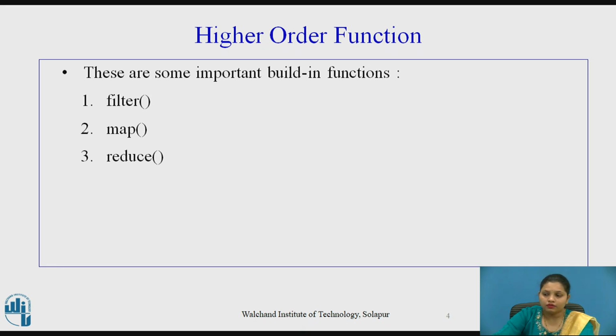It is useful when you want to combine the elements of an iterable into a single value. In short, the filter function filters elements, the map function transforms the values, and the reduce function aggregates values to produce a single output. In this video lecture, we will see the filter function in detail.